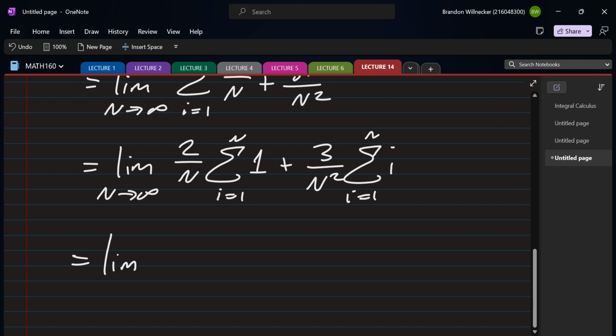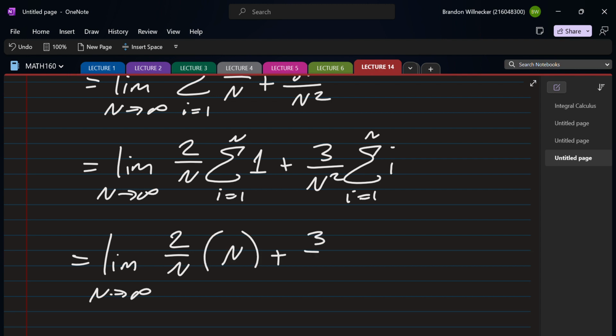So here we have the limit, n goes to infinity, 2 over n. This one we can replace with n, that's easy enough. Then we have 3 over n squared. This one we can replace with n(n + 1) over 2. If this was the sum of r squared, you would replace it with the r squared formula.